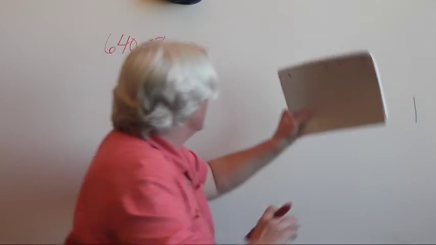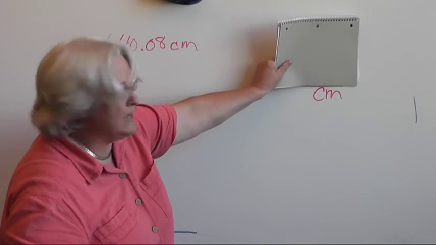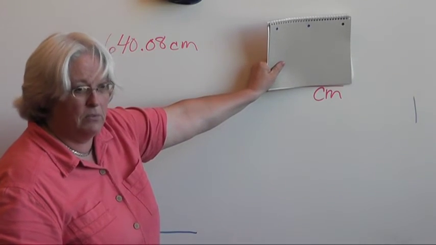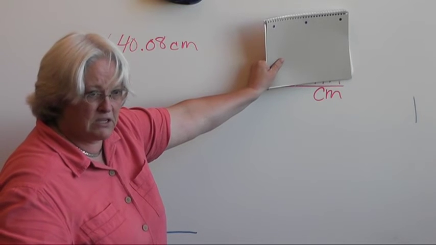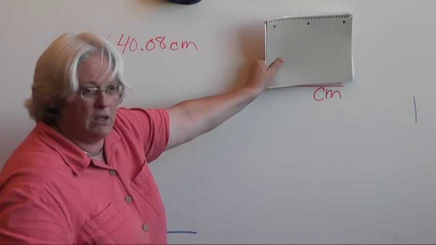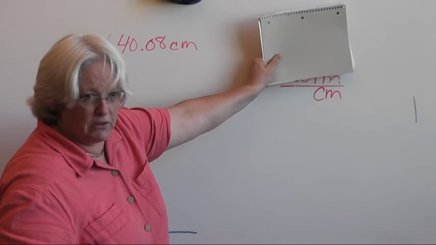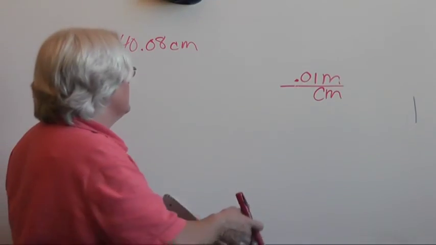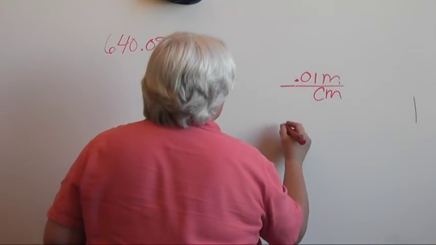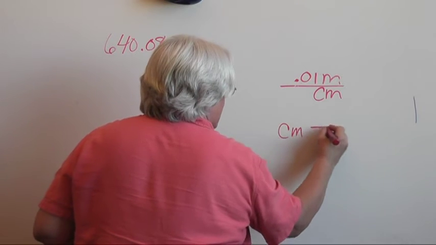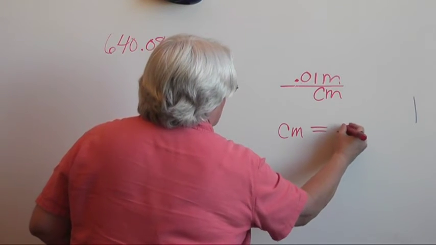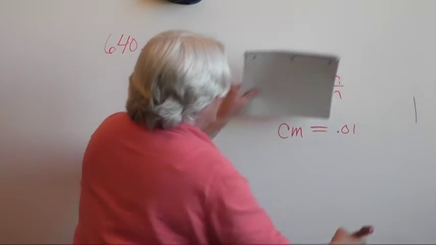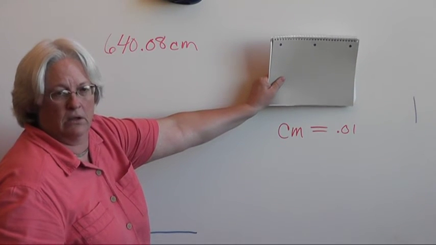Let's just look at this right here, cm, centimeter. And our prefix tells us that centi is 100th, correct? So centimeter is the same as, how would you read 0.01?